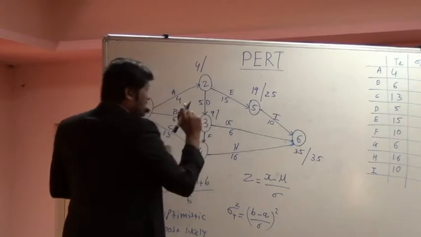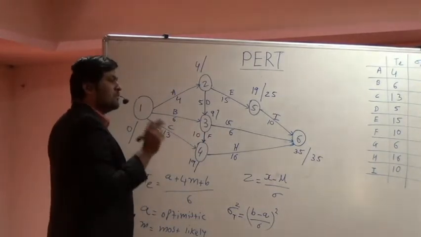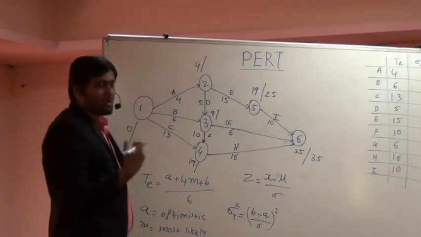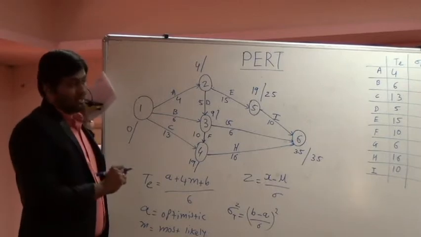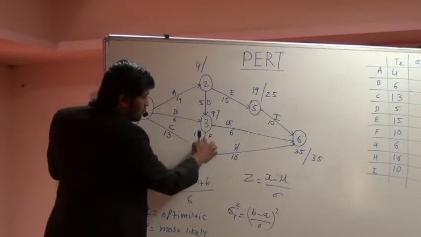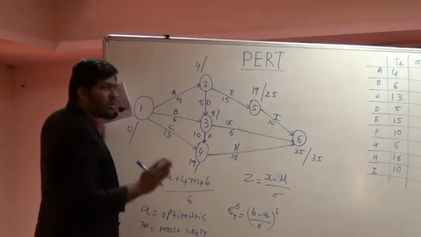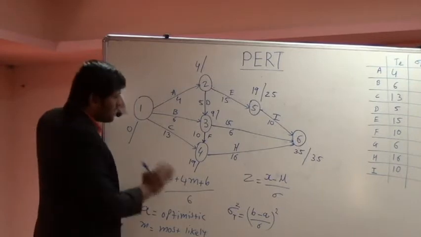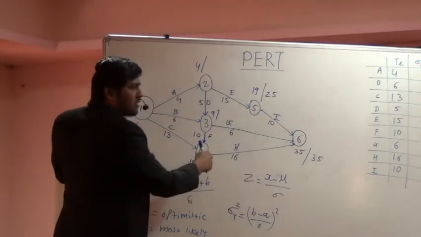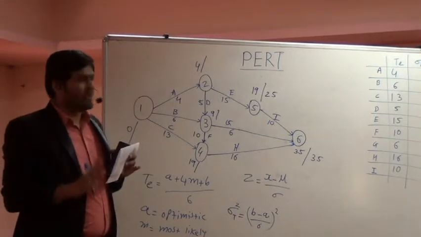But in the forward path we took the maximum value where the merge event is there. In the backward path, we need to take the minimum value wherever the burst event is there. Burst event means two activities are going out. So if two or more activities are going out, that is known as a burst event. At that point, in the backward path, we write the minimum value, not the maximum.